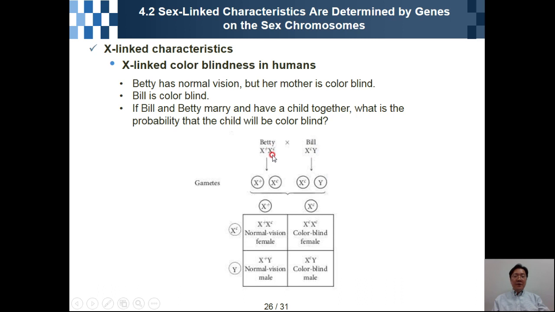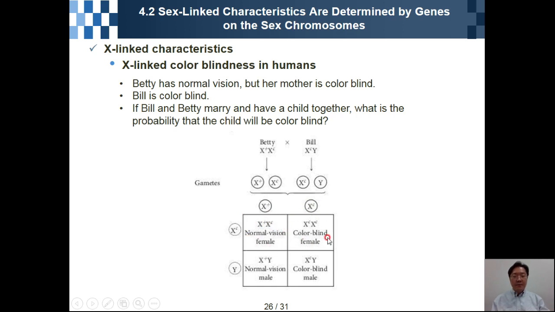Betty makes gametes X plus and X^C. Bill makes gametes X^C and Y. Then they do the fertilization. In this Punnett square, the sperm are X^C and Y, and the eggs are X plus and X^C. X plus X^C is a normal vision female.